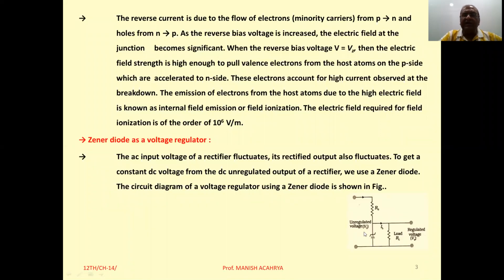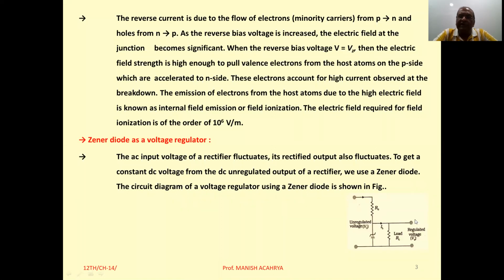Now that unregulated voltage is given to the Zener. With Zener in series, one resistance is connected, and then parallel to the Zener we have to connect the load resistance RL, and across the two terminals of load resistance RL we will get the output regulated voltage. Now how does it work?